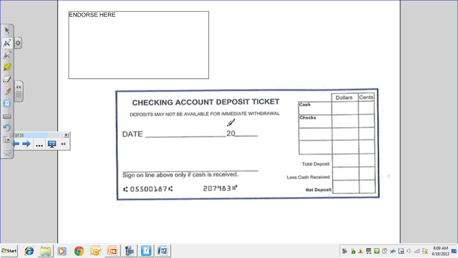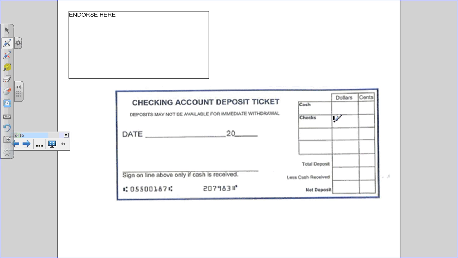And we want to endorse it with a blank endorsement. So the very first one, we're depositing our whole paycheck, so that's $425.36. So we'll write $425. I apologize for the clarity in this, guys. I'm trying to do this with the mouse. $425.36.